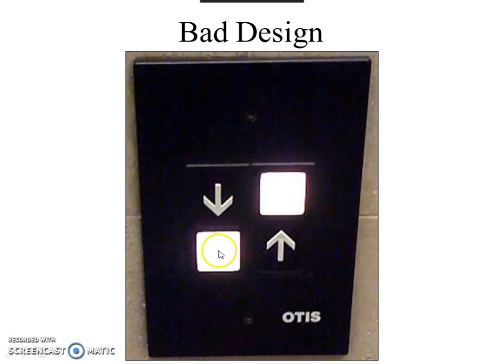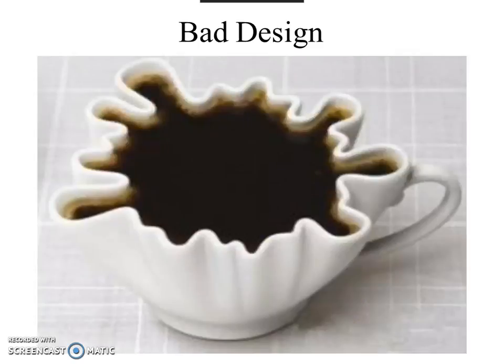So this is a failure to think about the end user of this particular product and how they would interpret the placement of these buttons and the arrows. So that's pretty interesting.